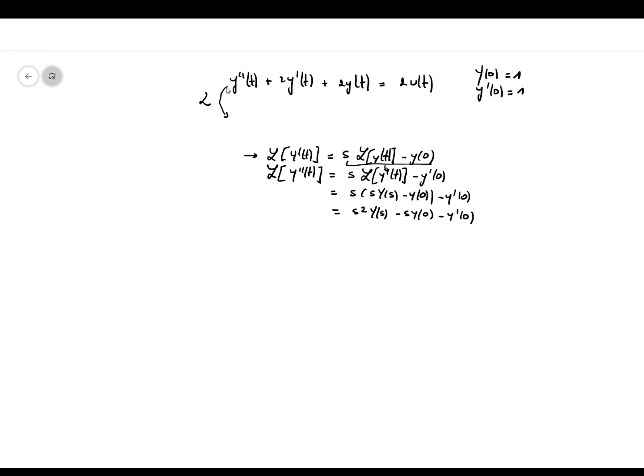Okay, so it takes you about a minute to find this expression, so it's better to find it than just to learn it by heart and make a mistake, right? So we have s squared Y(s) minus s y(0) minus the condition on the derivative. Let's put some parentheses here and we can now erase this.